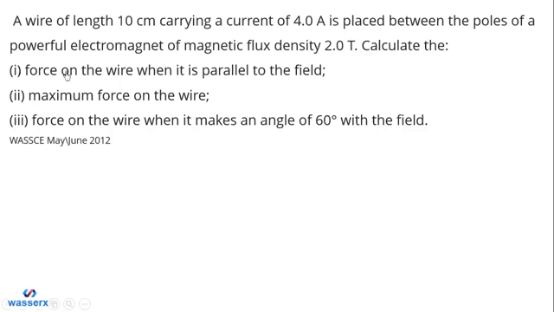Calculate I, the force on the wire when it is parallel to the field; II, the maximum force on the wire; III, the force on the wire when it makes an angle of 60 degrees with the field.